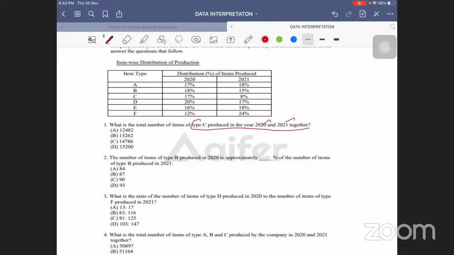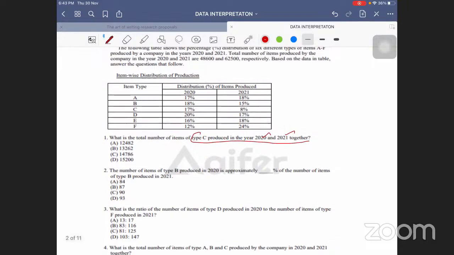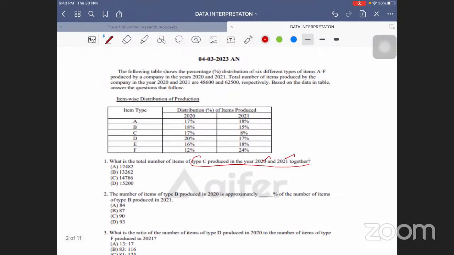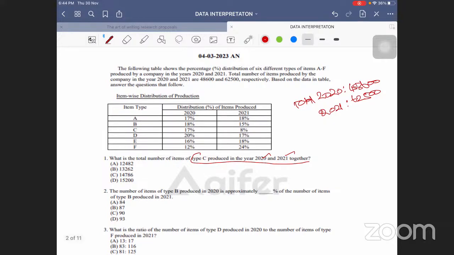Before going to the question, read the data carefully once or twice. The total number of items in 2020 is 48,600 and in 2021 is 62,500. This is the total number of items produced in different years, based on the companies.